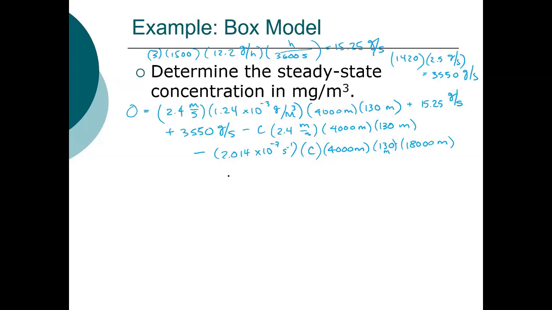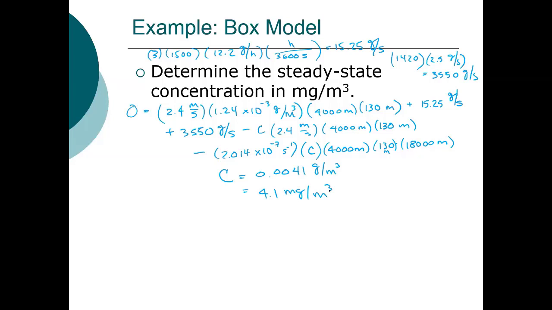And if we solve that for C, that is equal to 0.0041 grams per cubic meter, or 4.1 milligrams per meter cubed.